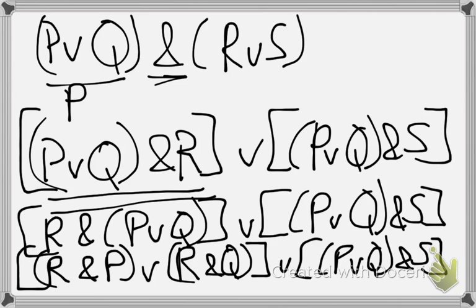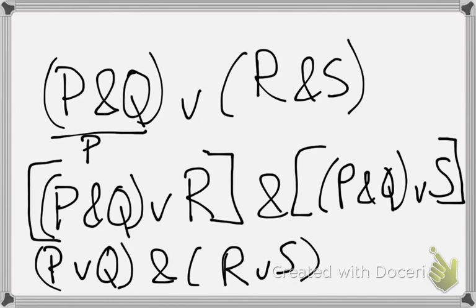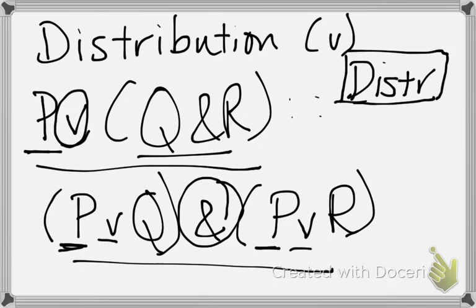So now the question might occur to you, why is this a useful rule? I'll tell you, this version here is not really that useful, usually. Maybe sometimes, but not that useful, because you can see very quickly it turns into these big, long OR statements, which you can't do a whole lot with. However, this version is super useful because it gives you a way to take a big disjunction and break it into two little disjunctions that might be easier to work with.